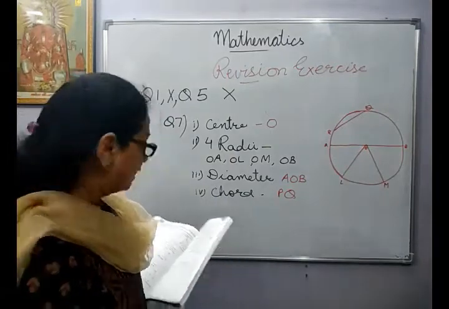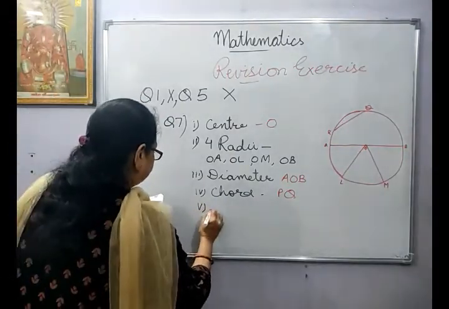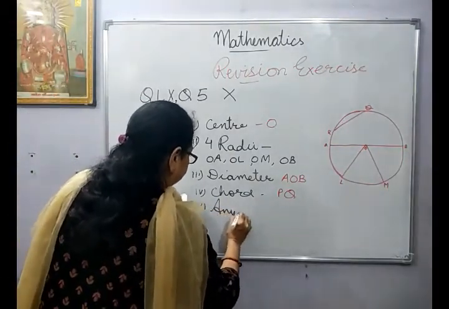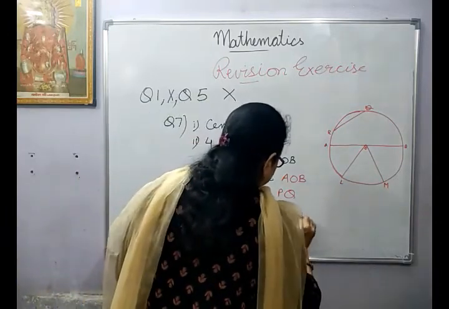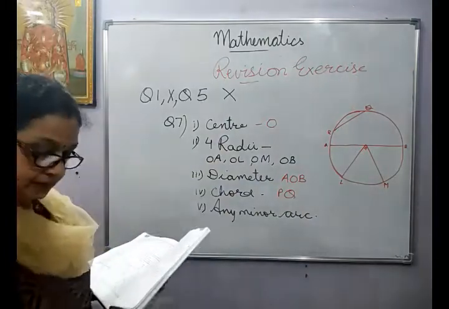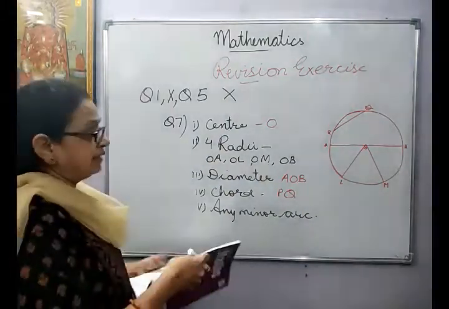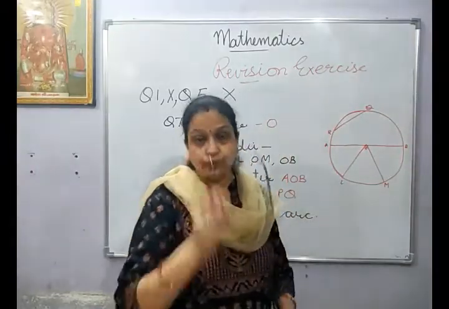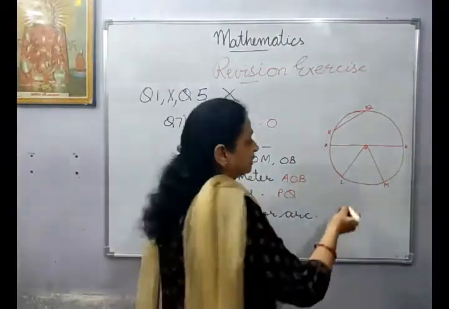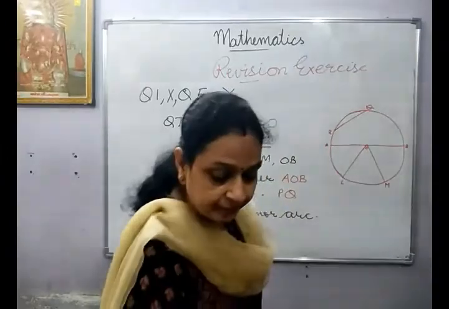Then any minor arc. So any minor arc, you see this LM. To make it clear, we assume any point over here.